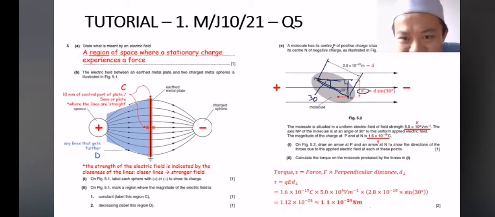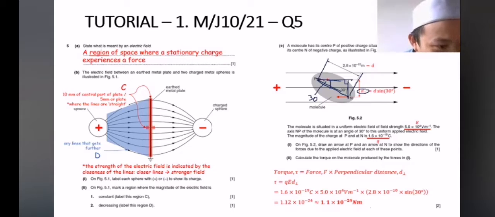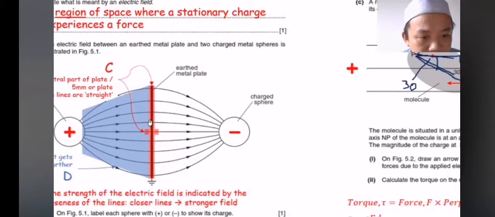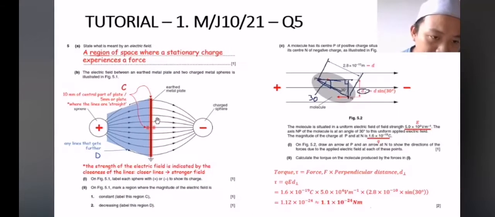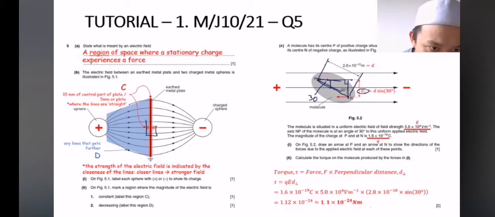Okay, next question. I don't understand why the C is 10 millimeters of central part of plate. Why is C 10 millimeters apart of the plate? Perhaps the figure is not very accurate, but the 10 millimeters is at the central part. Why?